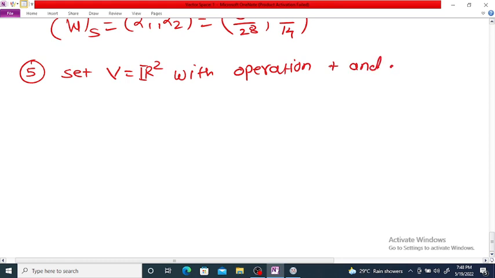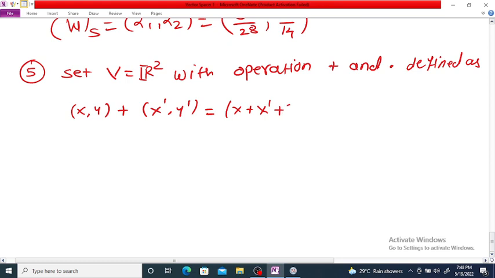Now the vector addition and scalar multiplication is defined as (x, y) plus (x dash, y dash) is equal to (x plus x dash plus 2, y plus y dash), and k(x, y) is equal to (kx, ky).